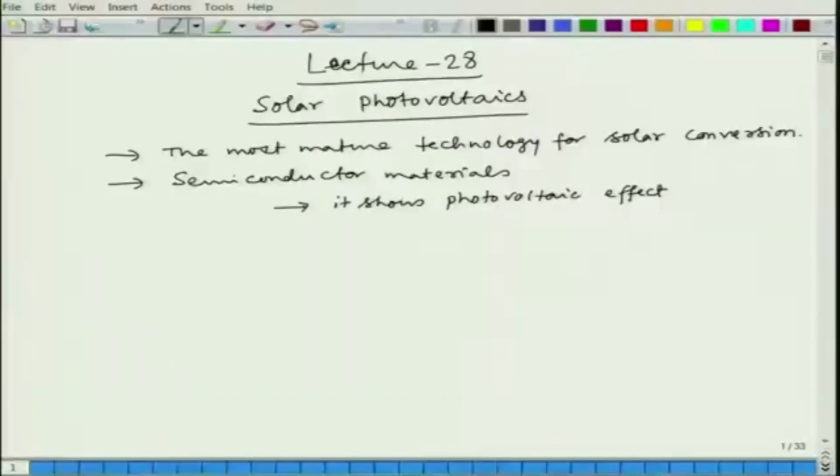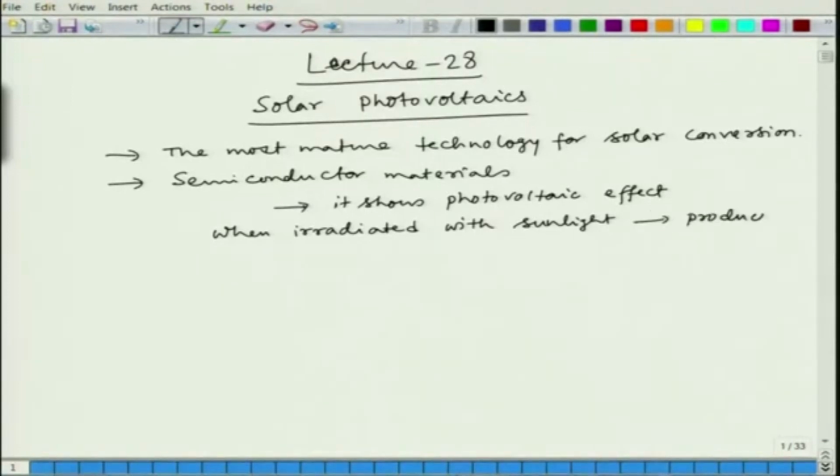So, this photovoltaic effect, what does it mean? It means that when irradiated with sunlight, it produces electric current. That is basically what the photovoltaic effect means.